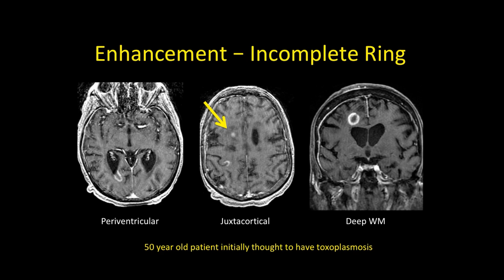And probably because the patient was 50 years old, the person didn't think initially of MS as the diagnosis. But if you see there's incomplete enhancement in these characteristic periventricular, juxtacortical, and deep white matter regions, incomplete ring enhancement, that's a home run for demyelinating disease.